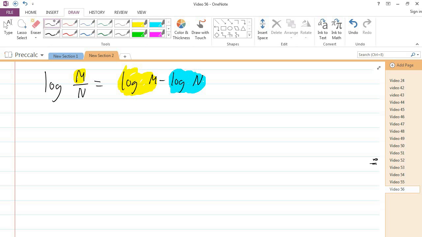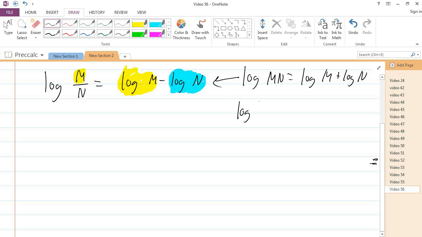Now, this property proceeds directly from the property that says that if you're multiplying, then you add. If you want a little bit of bonus, tell me why. Tell me how this leads to this. I will even give you a start.